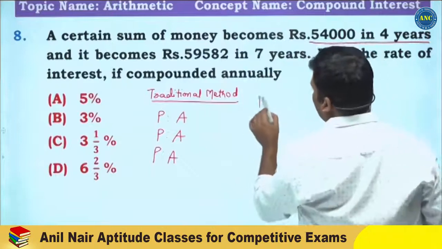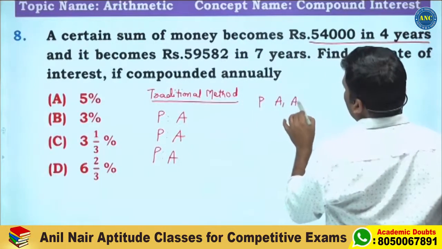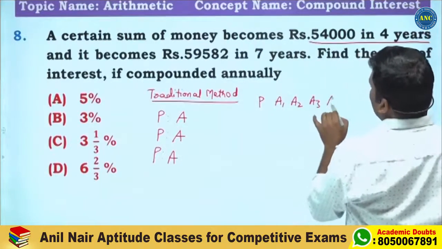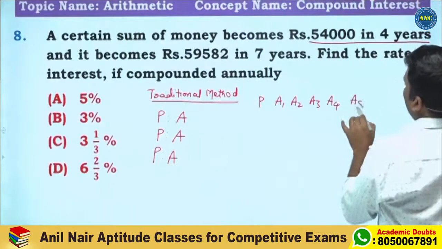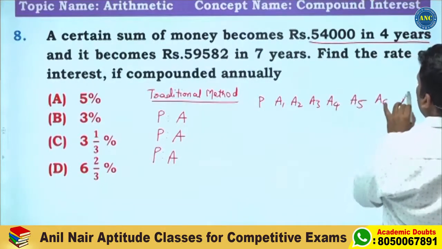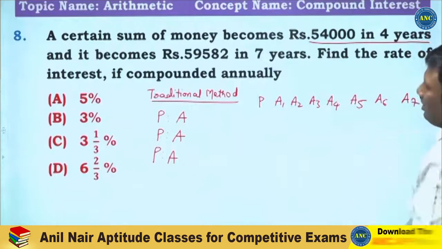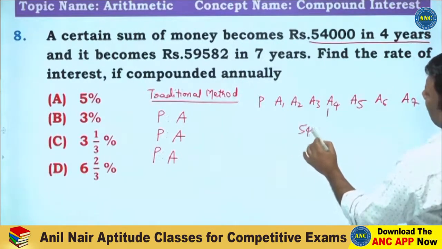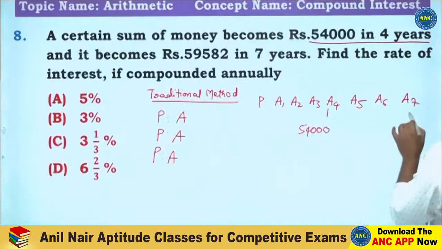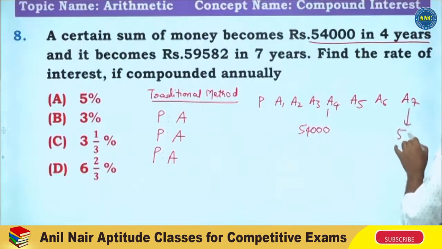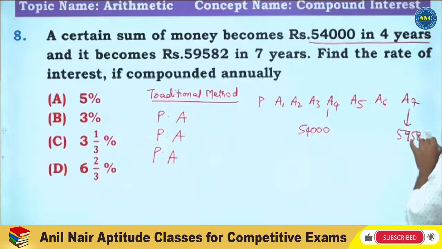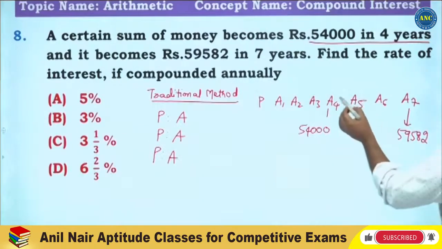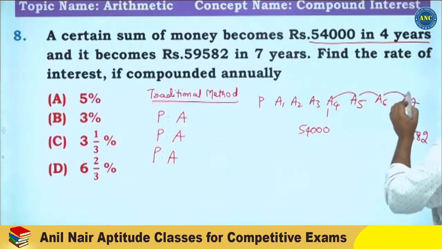Or we will write down here P, A1, A2, A3, A4. Students will solve all this and waste their time. A5, A6, A7. So 54,000 at the end of 4 years becomes 59,582 at the end of 7 years. Time period: 1 year, 1 year, 1 year.